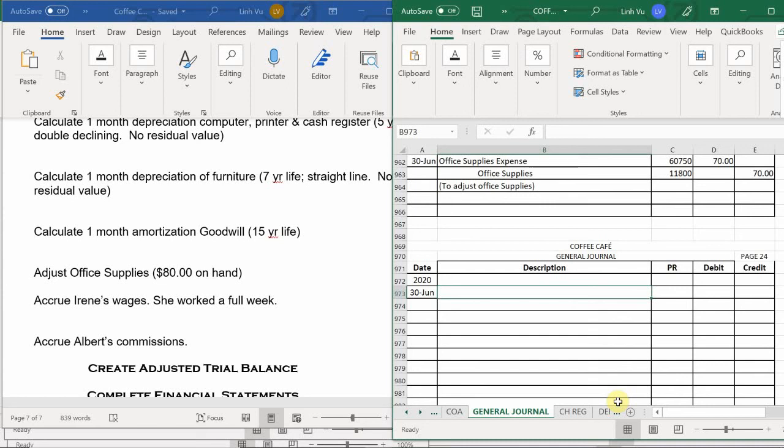If that's the case, then how do I accrue for Irene's paycheck? Because I'm paying her in the month of June. I'm trying to say, what does she earn for the month of June?